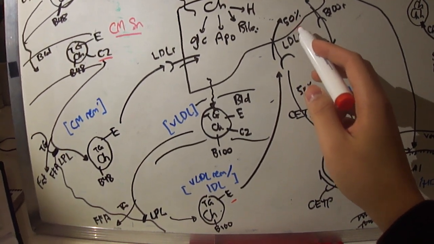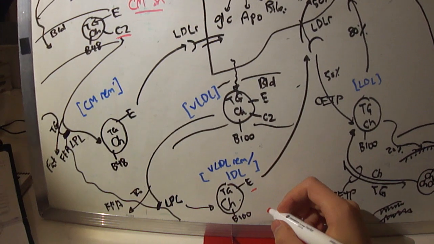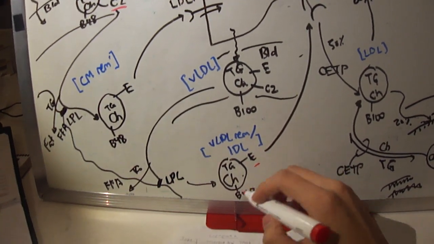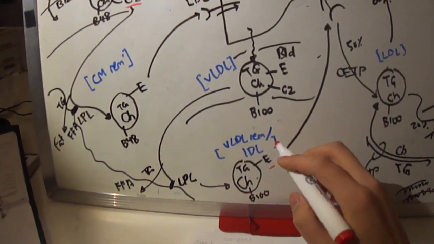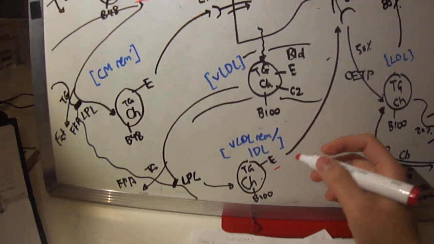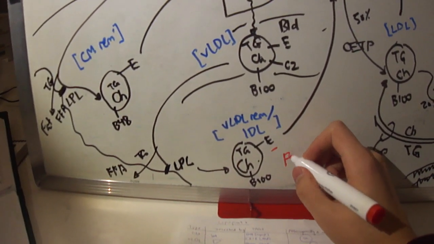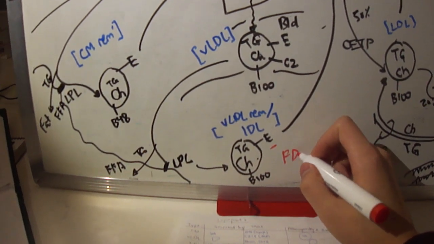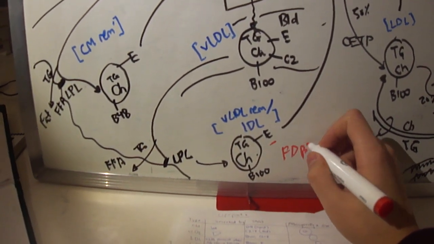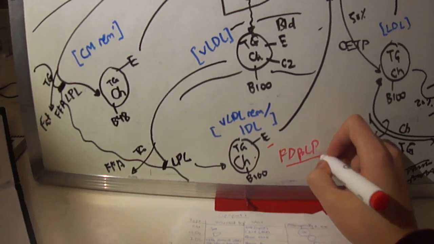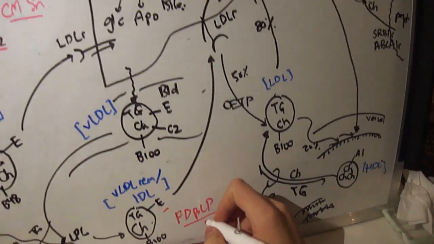And so what that results in is very high levels of IDL, and the result of that is what we call familial dysbetalipoproteinemia.